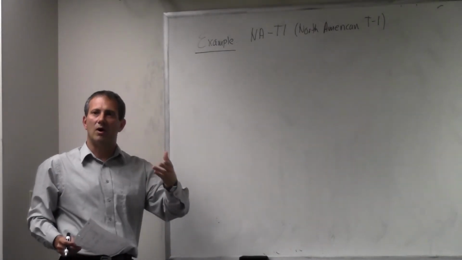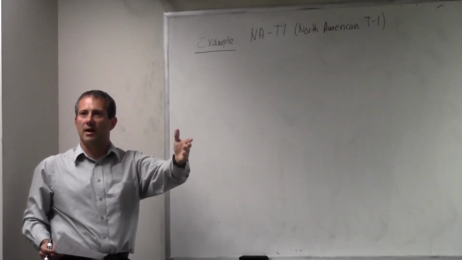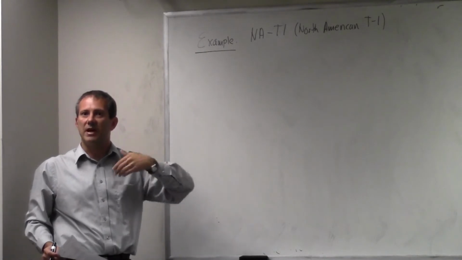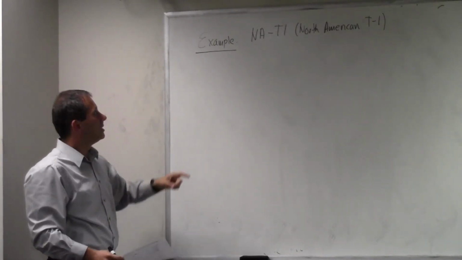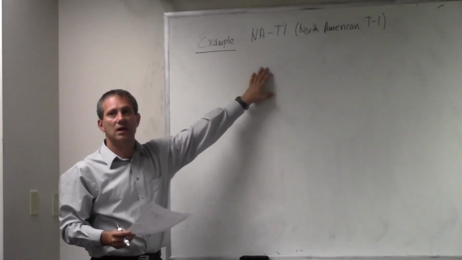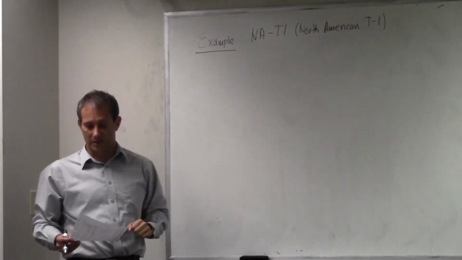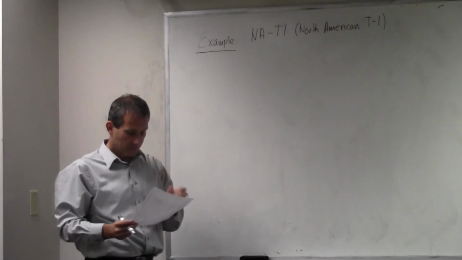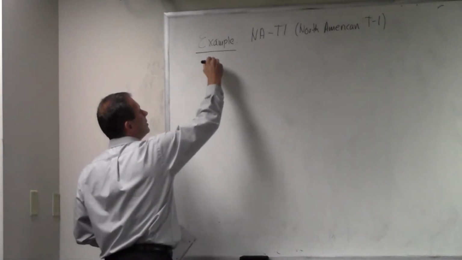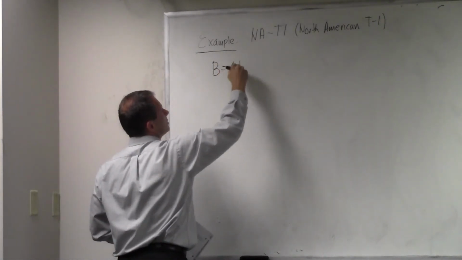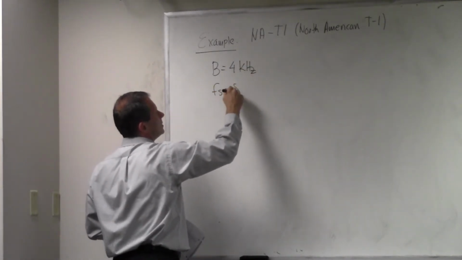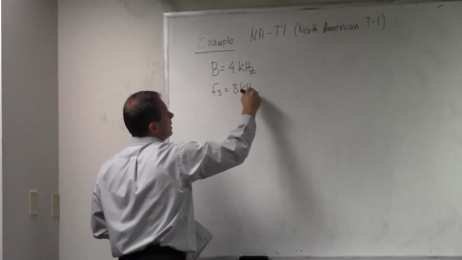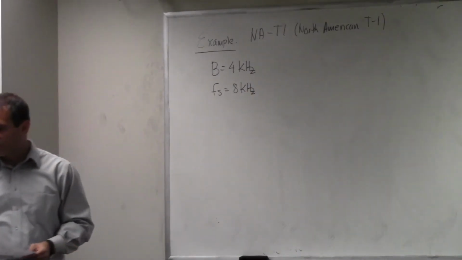Very often you say, I want a T1 line, and that means a certain bandwidth delivered to a particular point. So in North America, this is how our landline telephony is laid out in the United States. We assume that the bandwidth of the voice is 4 kilohertz. We have a sampling frequency of 8 kilohertz, and we use 8 bits per sample.